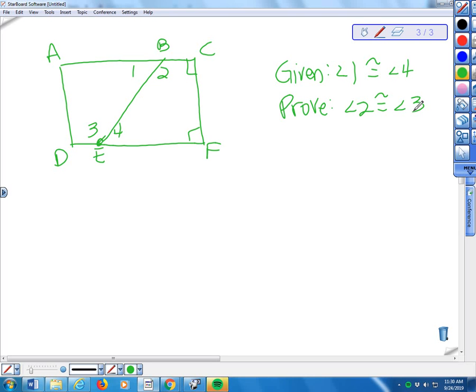Okay, try this one. Just drawing, I missed it.